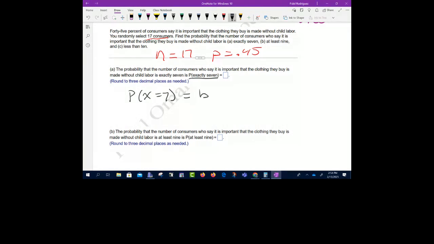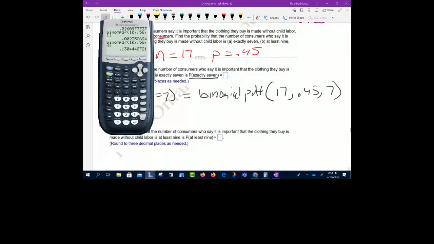So again, I'm going to go binomial PDF with 17, 0.45, and 7. Change that to a 17. Change this to a 0.45. Change this guy to a 7. Okay. And y'all, I'm coming up with 0.184.